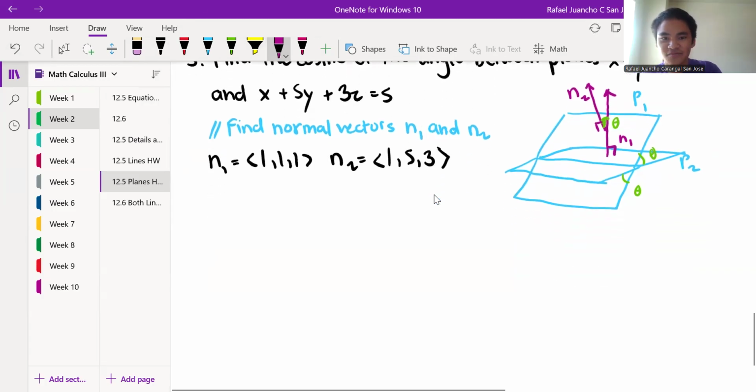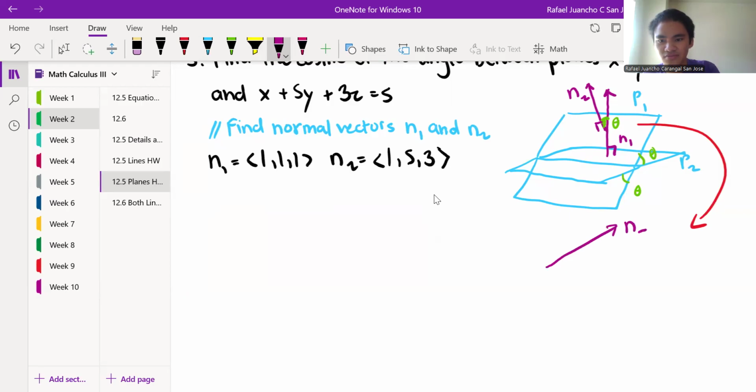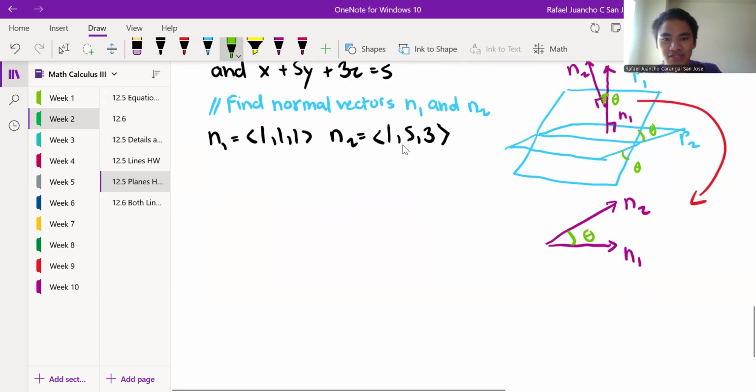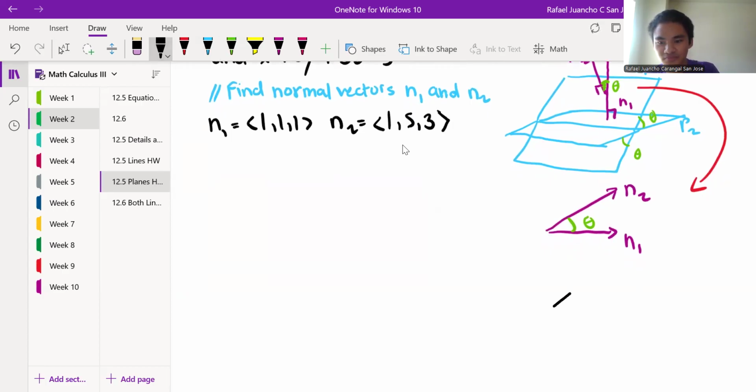And now if we were to look at this from another perspective, we can say that n2 and n1, then we have our angle here in between. Now, how do we find theta? Well, we have a property here that says, let's say we're given A and B. We have an angle.